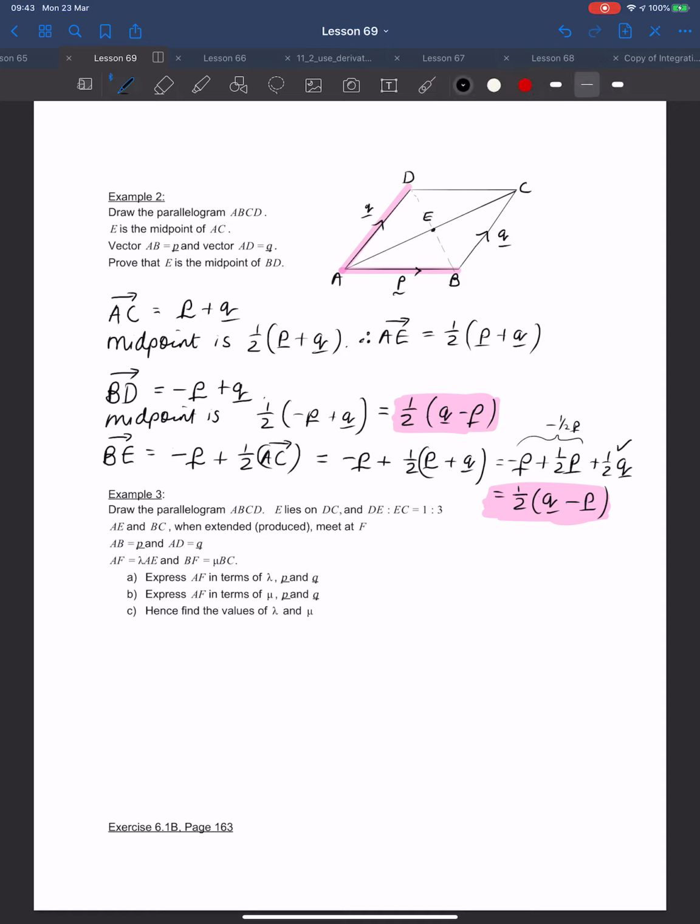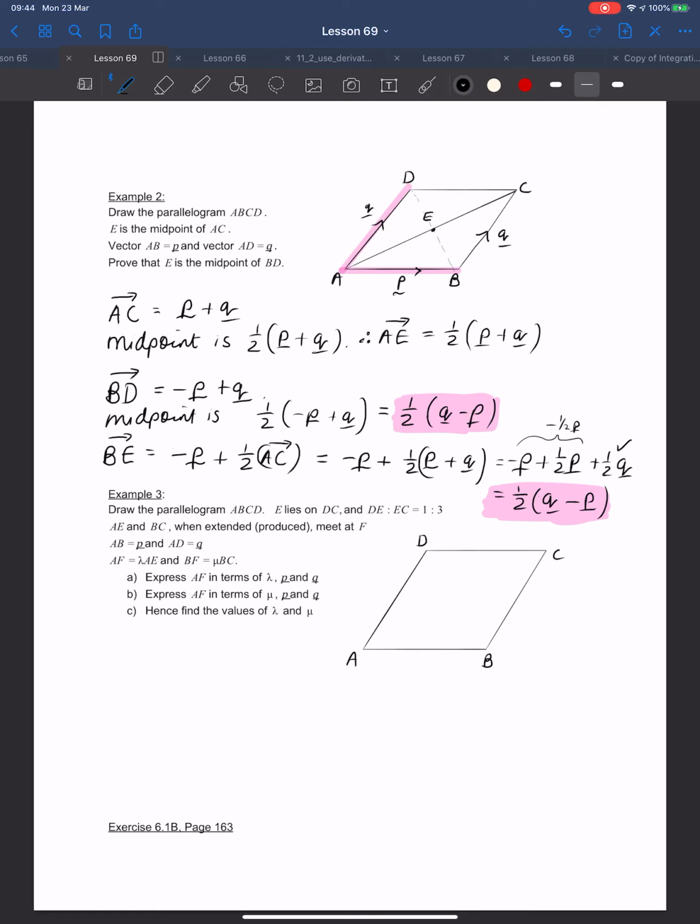Right, next one, draw the parallelogram again, A, B, C, D. That is not very neat. I'm going to draw a neat one. E lies on DC, and D to E to C is 1 to 3.